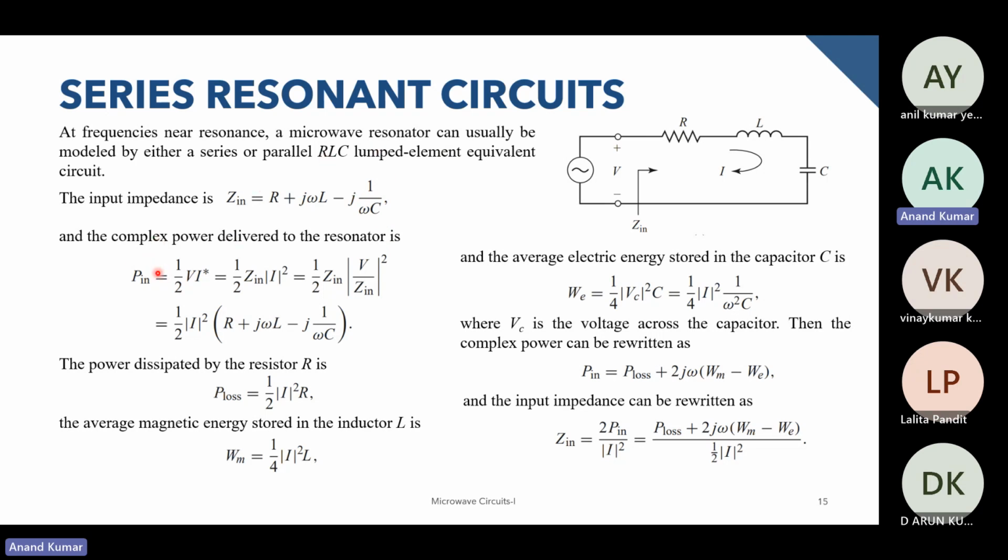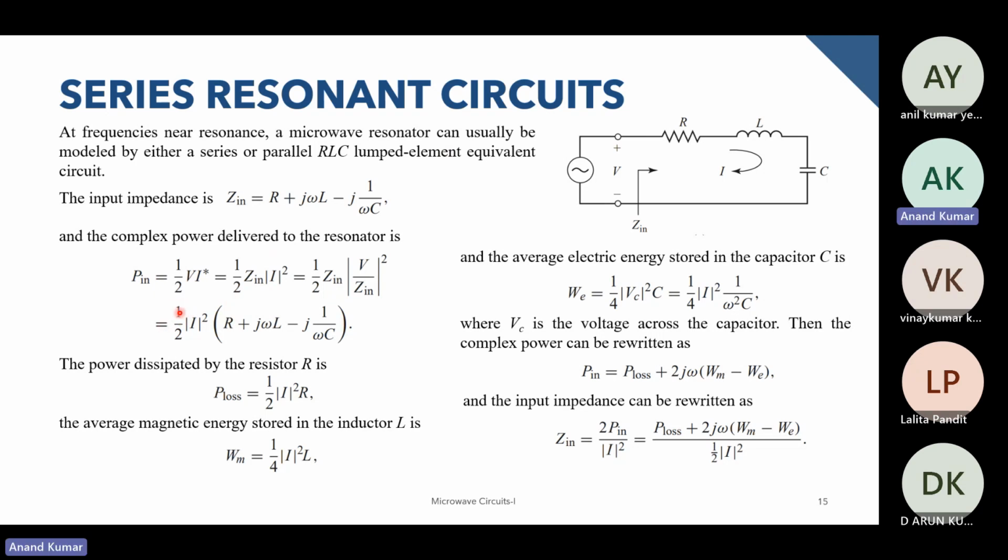And then we can also write the power delivered to the resonator. This entire circuit is using up some power, which can be given as half V I conjugate. We can also write it in terms of the input impedance, Zin. This is the input power for this circuit.